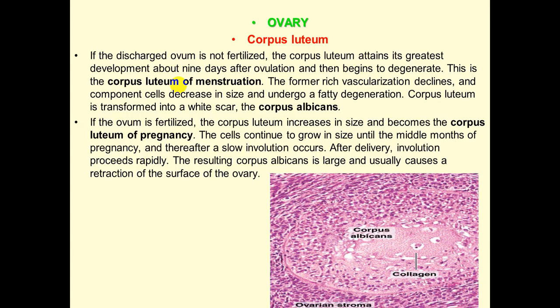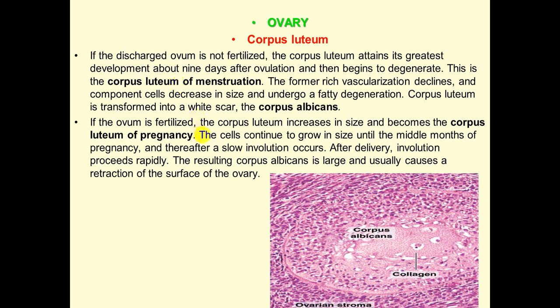And on the 28th day of the sex cycle, in the blood of the woman, we can't find a high concentration of any ovarian hormones. Very low level of estrogens and very low level of progesterone.